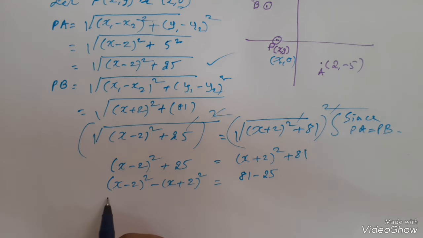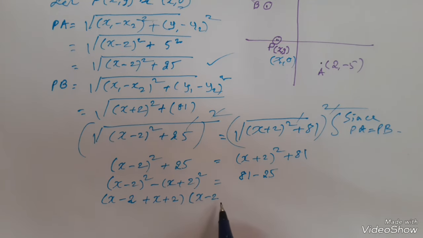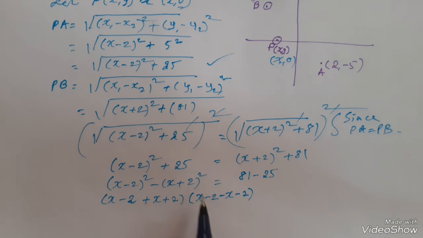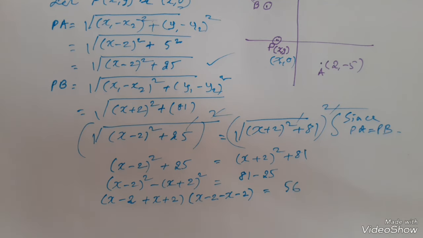Then we can write a square minus b square is (a plus b) into (a minus b): (x minus 2 plus x plus 2), into (a minus b), x minus 2, minus b means minus x minus 2, equal to, now 81 minus 25 is subtract, we get 56.